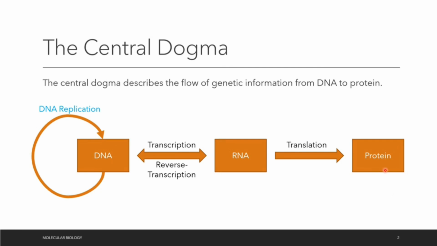Whereas for protein, there are 20 different kinds of amino acids. So during the translation process, we are essentially translating a language with only 4 letters into a language with 20 different letters. This entire process is called the central dogma, which describes the flow of genetic information.